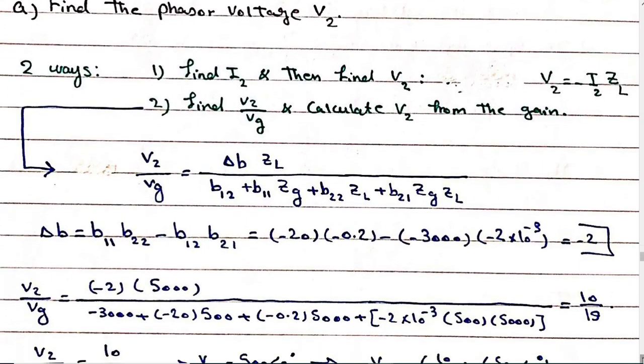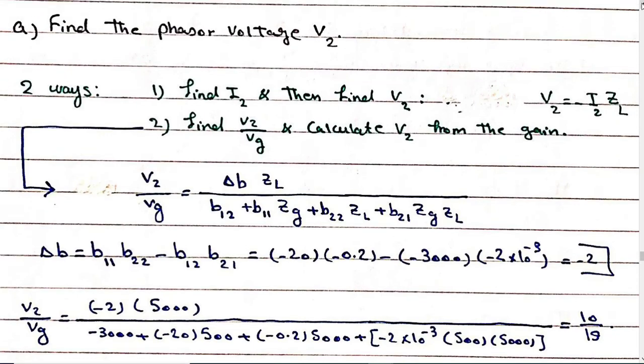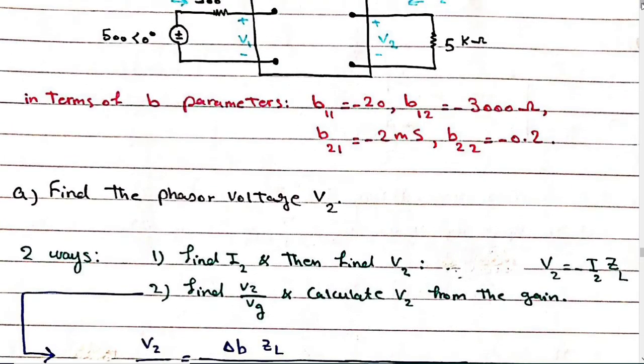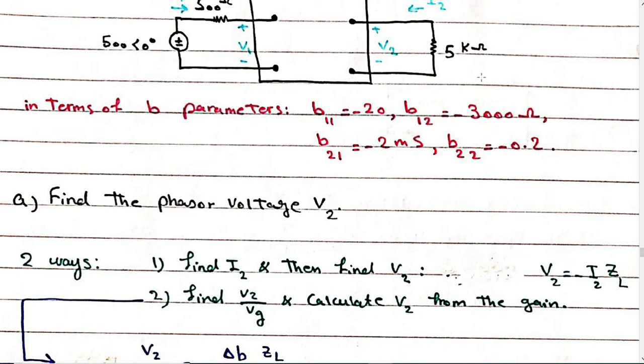Using the second equation, we have V2 divided by VG equals this equation. So what is ZL? ZL for this circuit?